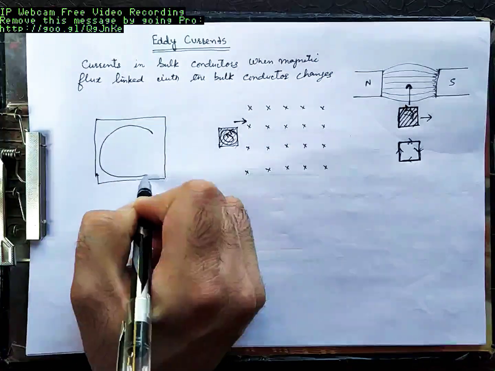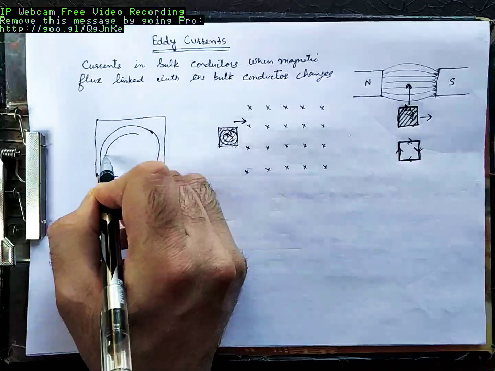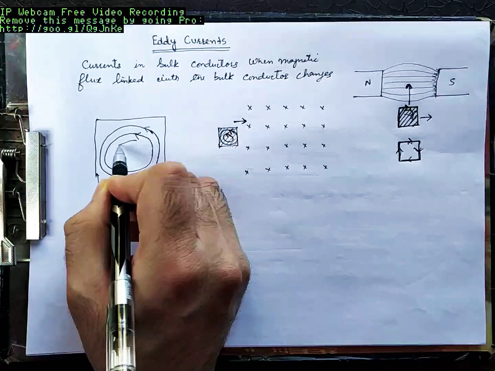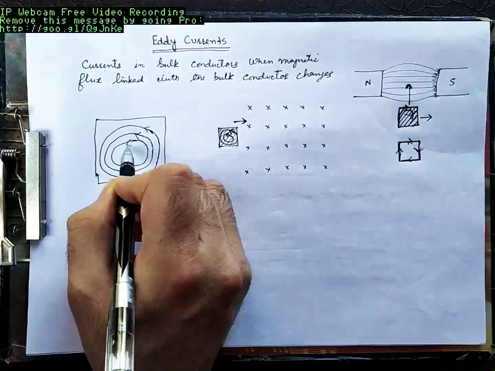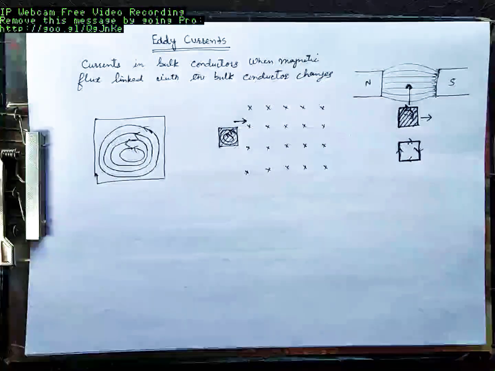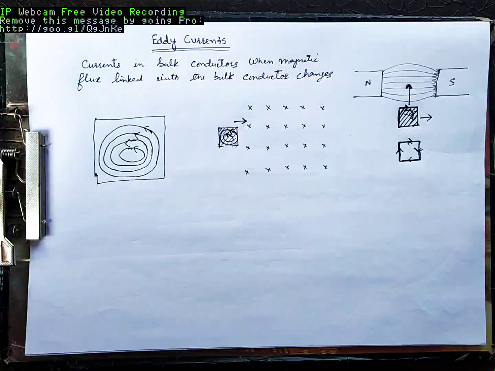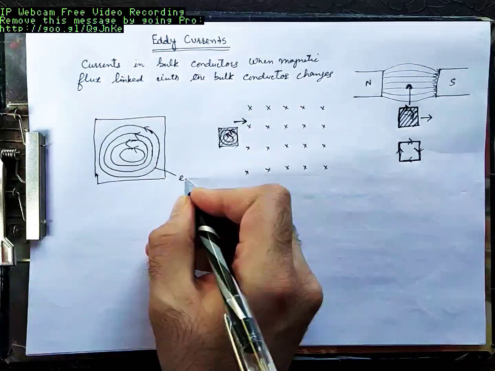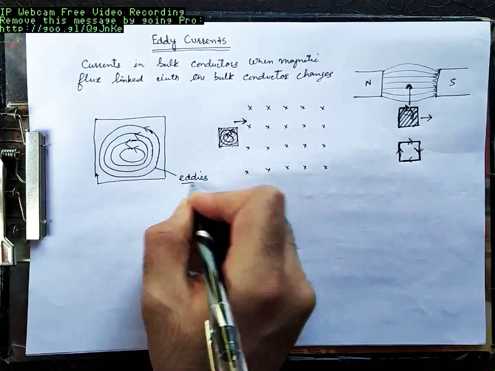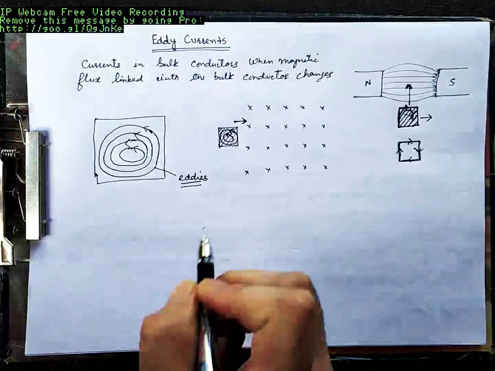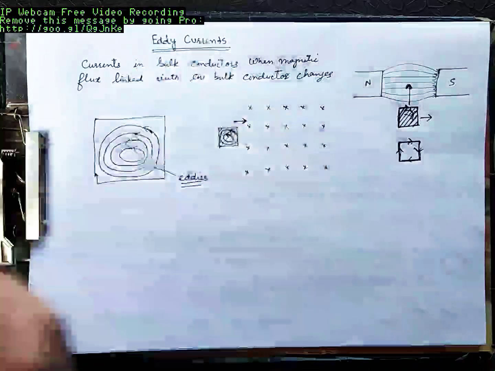These circular currents throughout the conductor resemble the water currents, what you call eddies, or the ripples in water. This is the reason why we call them eddy currents.